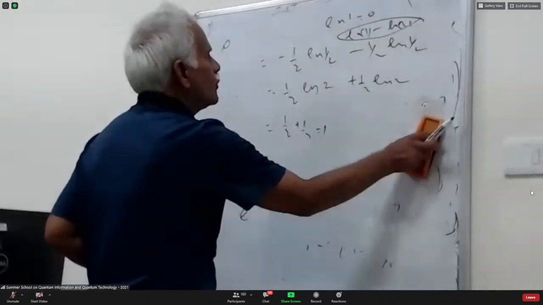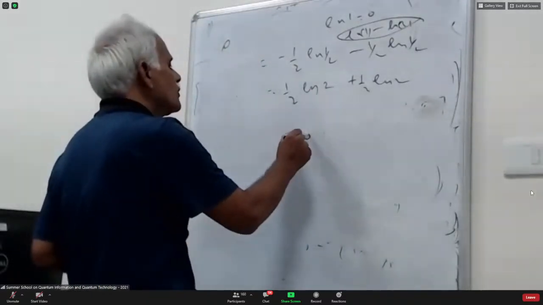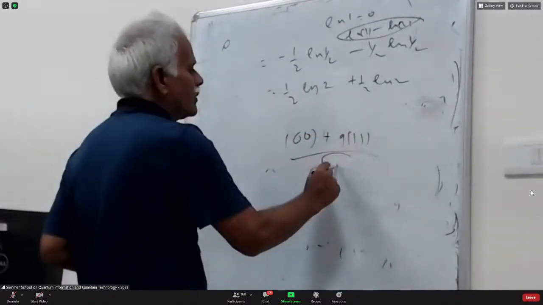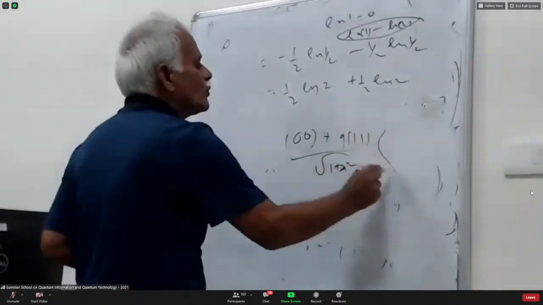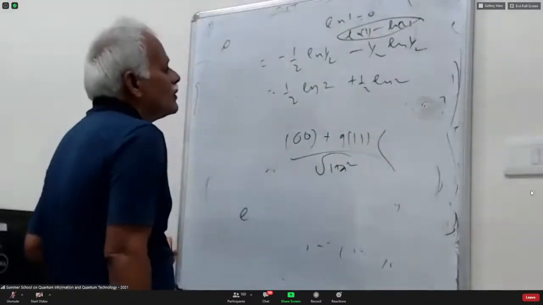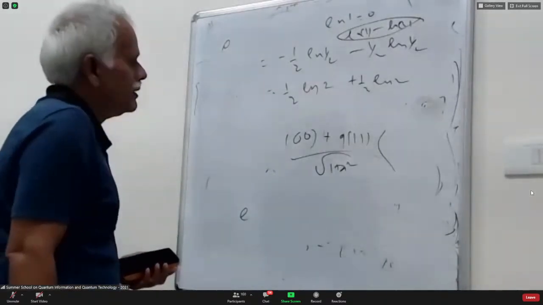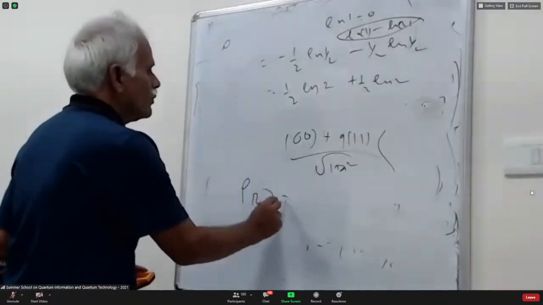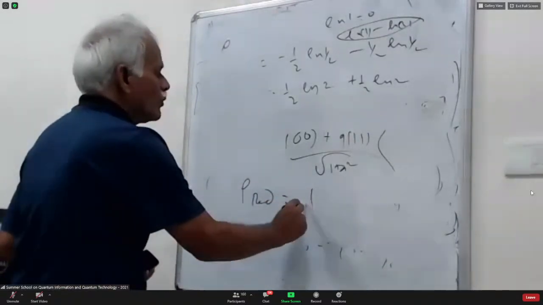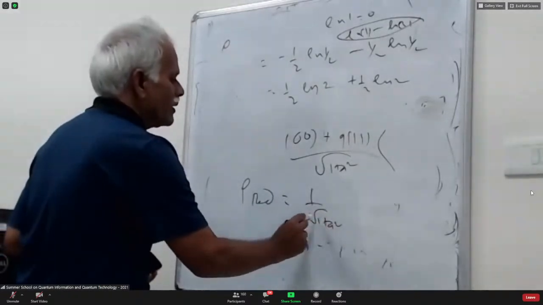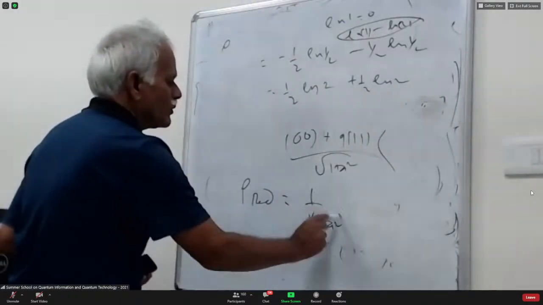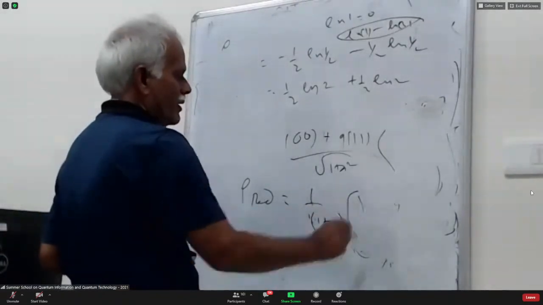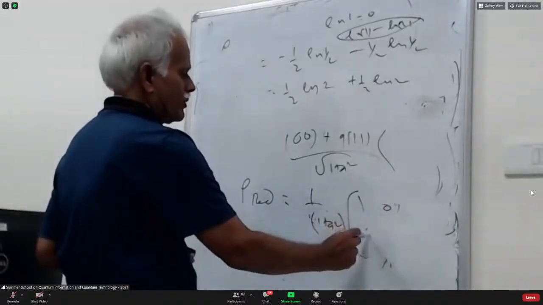So therefore, for example, take this state |00> plus A|11>, normalized by 1 plus A squared. Now do the same thing here. What will you find? You will find rho reduced will be 1 over (1 plus A squared) times [[1, 0],[0, A squared]].